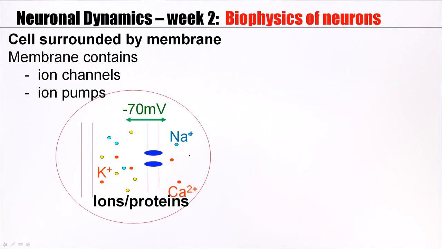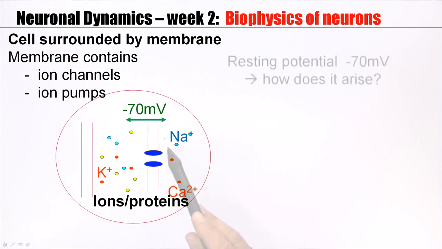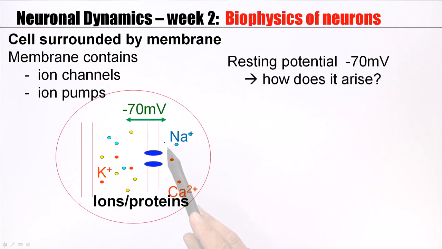So the question we will ask then is, why is it that experimentalists measure a difference in potential between the inside and outside of the cell? How does this difference in potential of a neuron at rest, how does this resting potential arise?